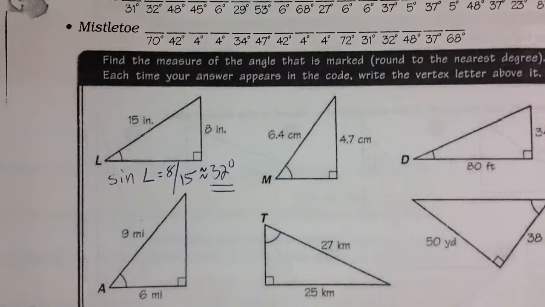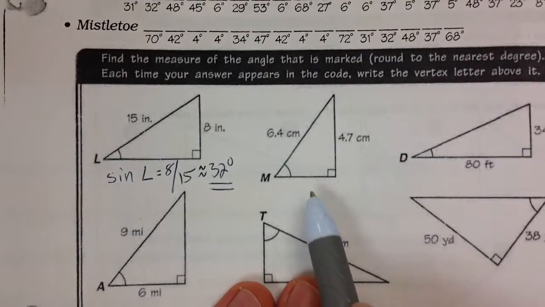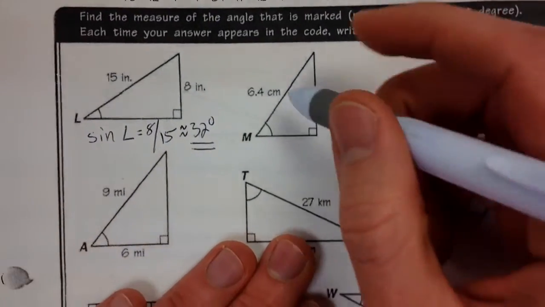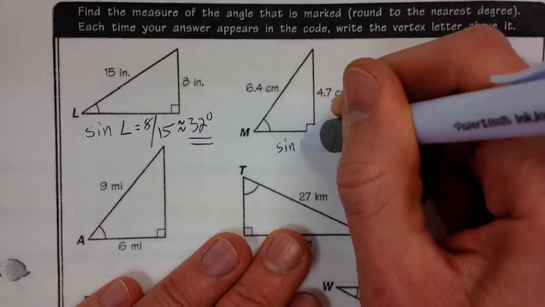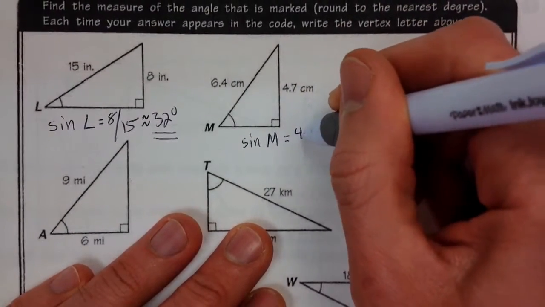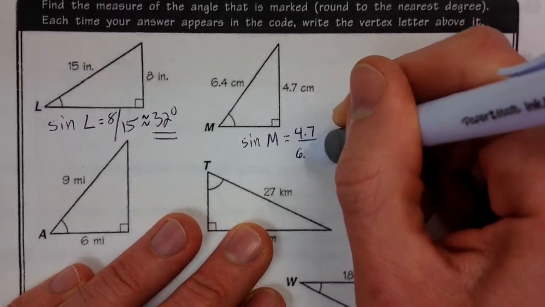Good. Next random helper is Natalie. How could you solve the next one? Sine of m equals 4.7 over 6.4.